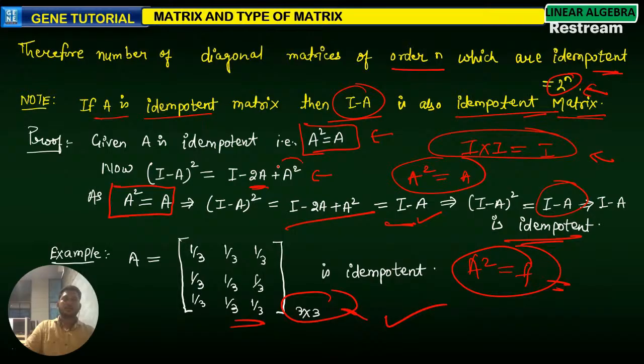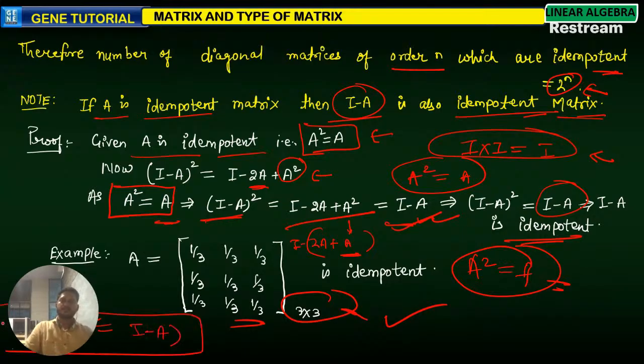So I square is I, and A square comes A, because A is given as an idempotent matrix, so A square is equal to A. When we put A here, it is I minus 2A plus A, which comes to I minus A. So we see that (I minus A) square is equal to I minus A. So these are the necessary outcomes for this idempotent matrix.